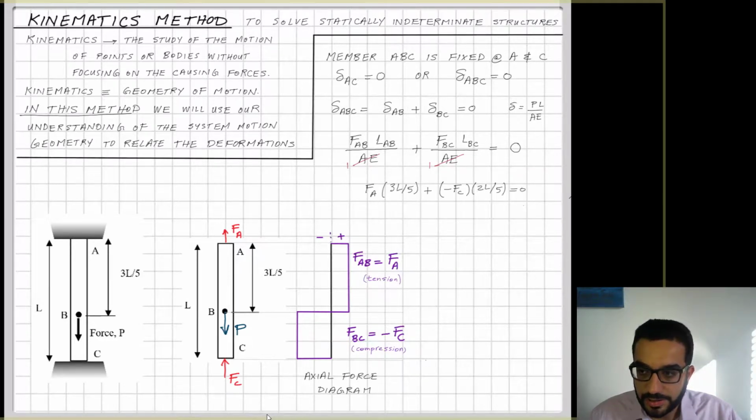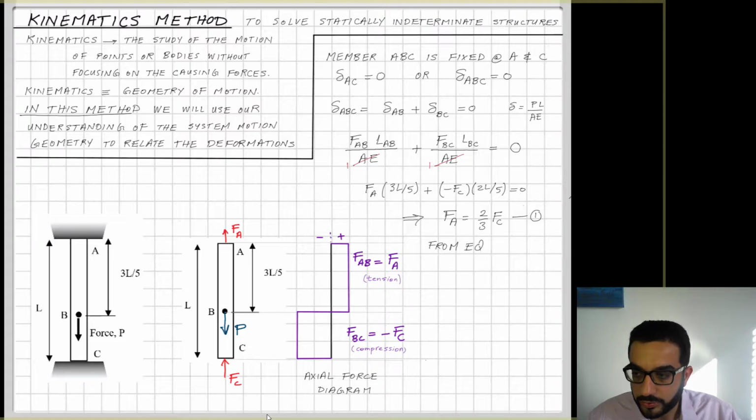The internal force of AB is Fa, and the internal force of BC is equal to Fc but in compression, so I put it as negative. Now I have an equation that relates the two reactions Fa and Fc by knowing the deformation information and the kinematics of that member. It's simple kinematics: two fixed supports, so the movement of each one relative to the other is equal to 0.